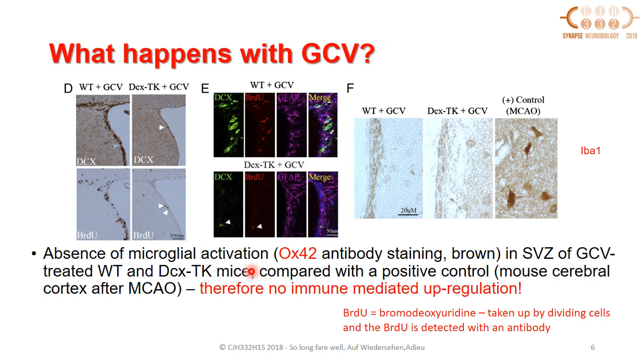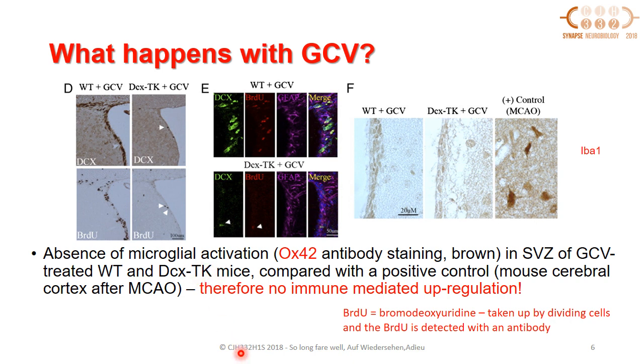We don't see more microglial staining. So when we use an antibody like OX42 that stains for microglial cells, we don't see more microglia. We do not see activation of microglial cells following the elimination of the double-cortin thymidine kinase expressing cells.